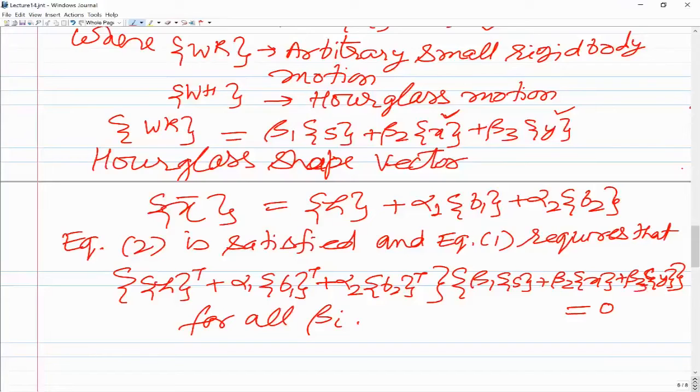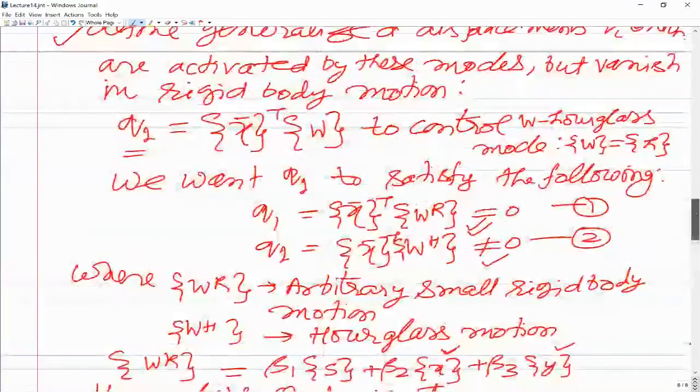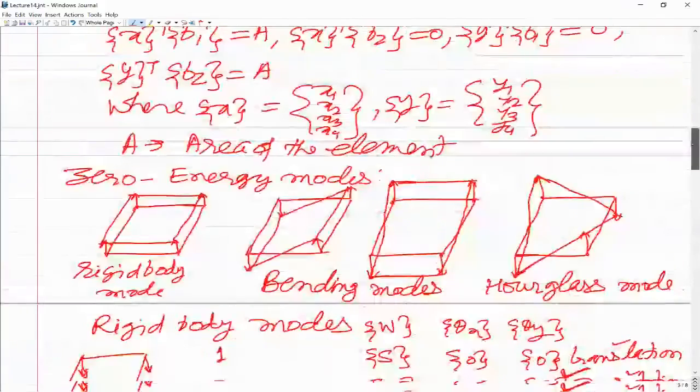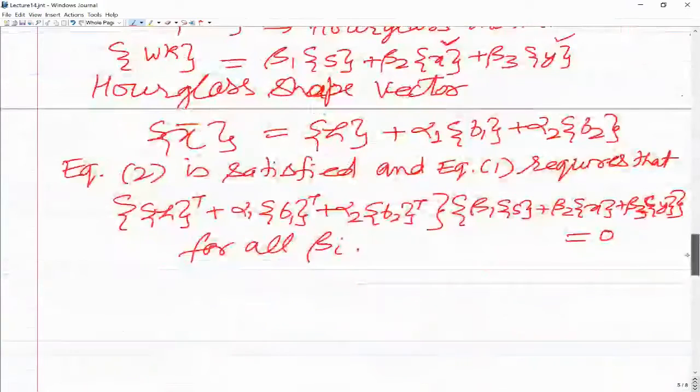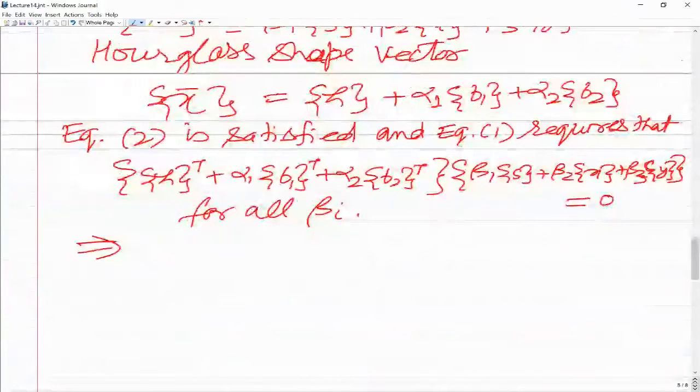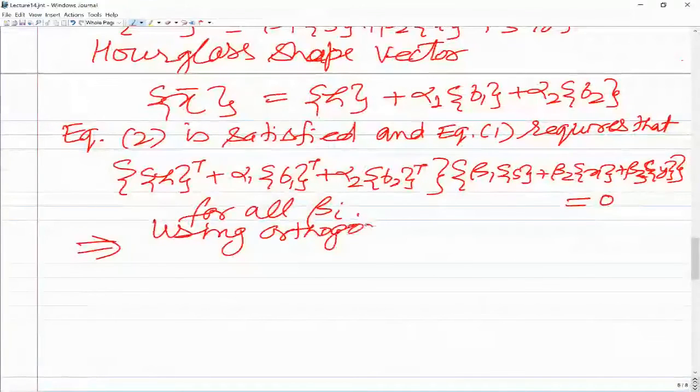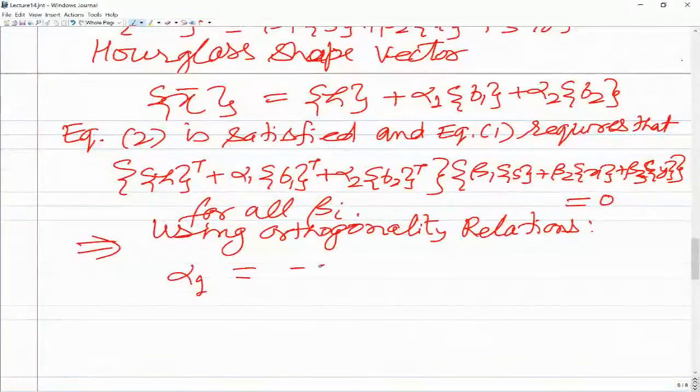So if you use the orthogonality relations which I have listed over here, you will be able to show that this will lead to the following. Using orthogonality relations, we will be able to get alpha 1 equal to minus h transpose into, it's a straightforward calculation.